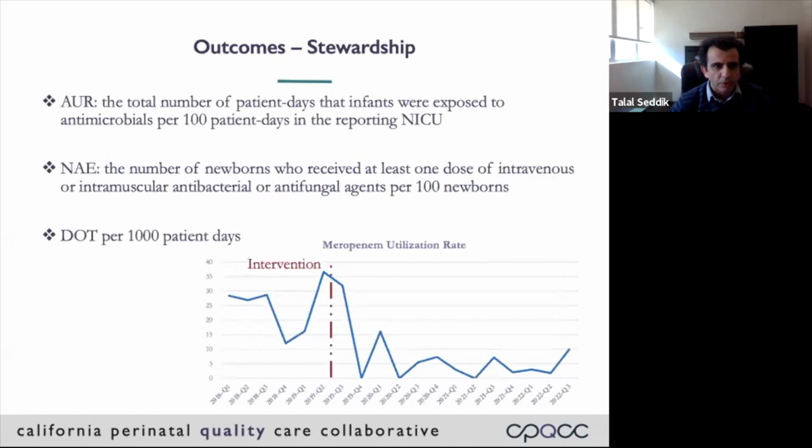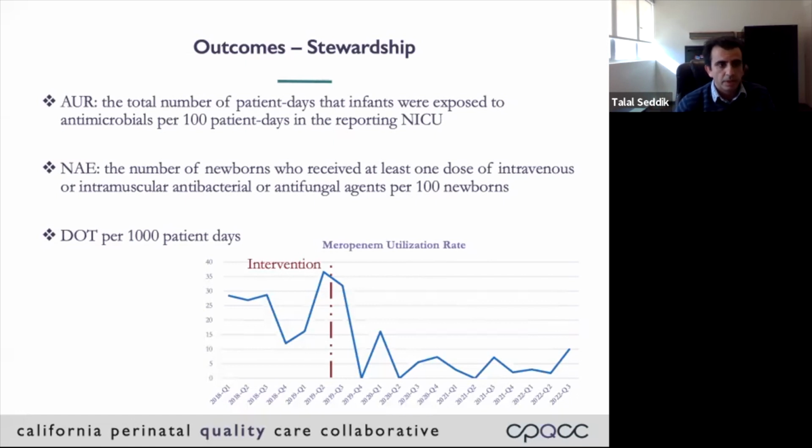To measure outcomes, which is what we alluded to at the beginning about stewardship in general. As you all know or should know, CPQCC has its own figures, and all the NICUs who report to CPQCC will report these figures, and those are the first two, AUR and NAE.